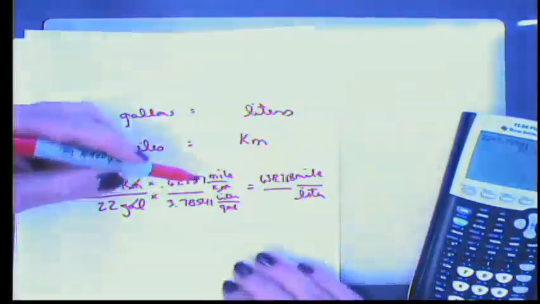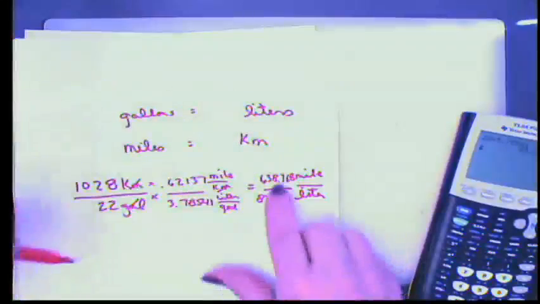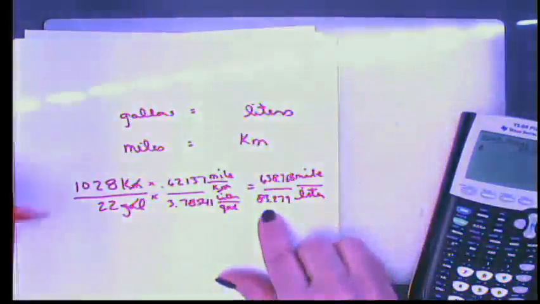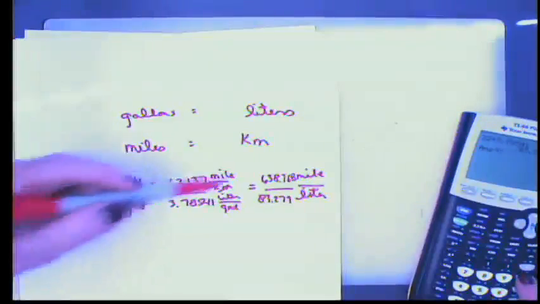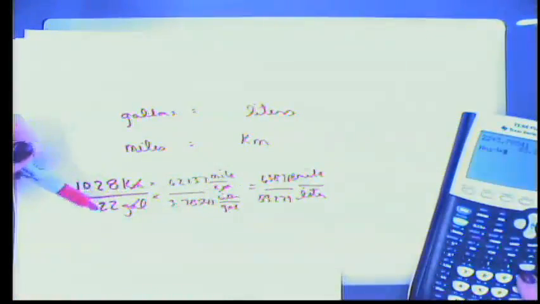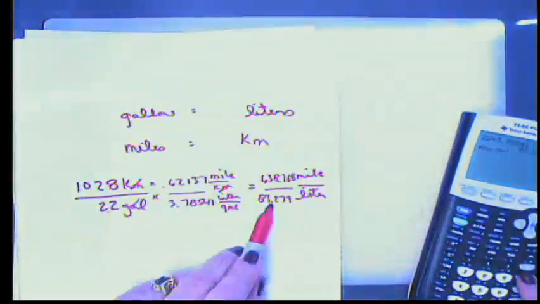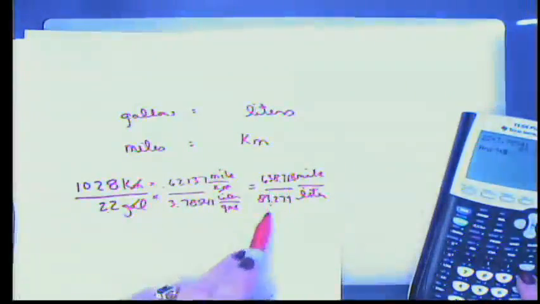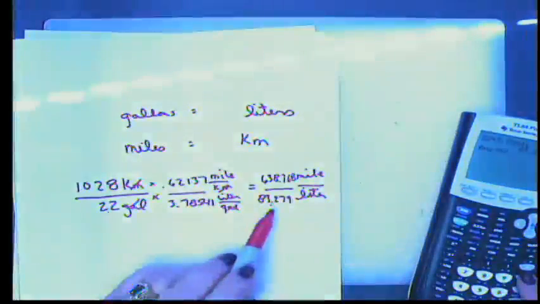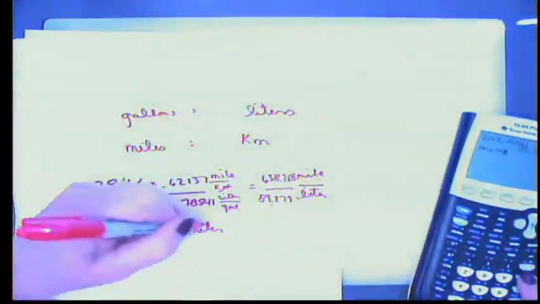That number is 83.279. Okay, so then if I take this number, 638.768, and divide it by the 83.279, I get that in miles per liter.